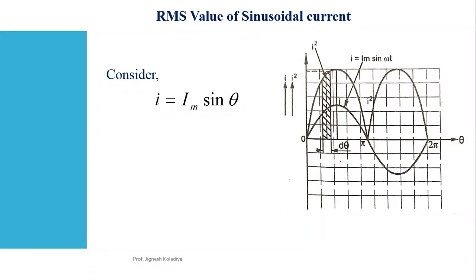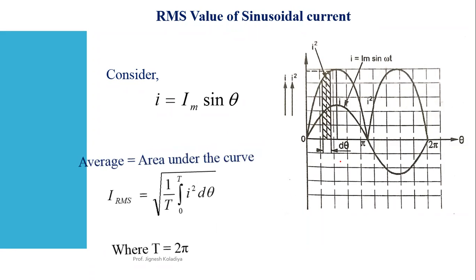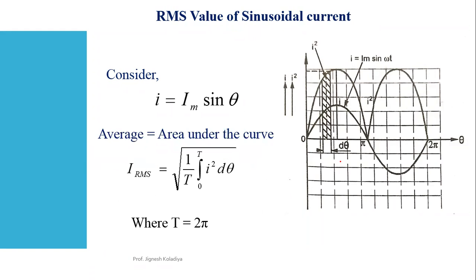Now I have to use the equation whatever we have derived. IRMS is equal to square root of 1 by T integration of 0 to T I square into d theta. Why d theta? Because this is the part of the smaller area you can see.